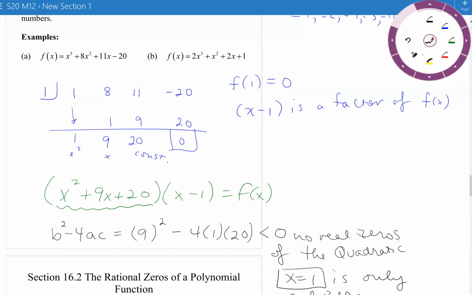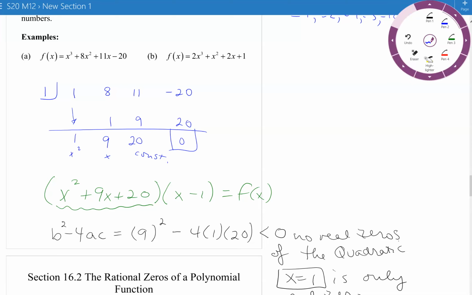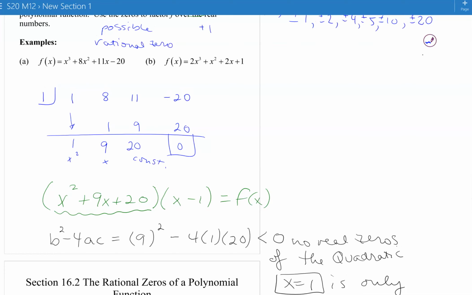Okay, so let's look at the second example. Our list is different, but quite short for this one. The possible rational zeros are factors of the constant, plus or minus 1, over factors of the leading coefficient, plus or minus 1 and plus or minus 2.